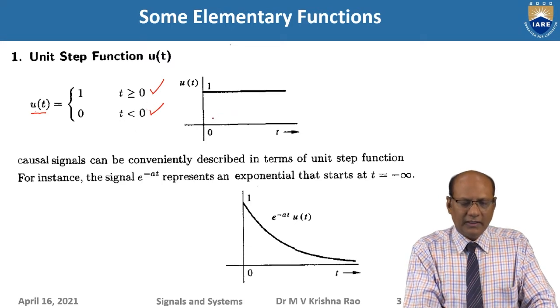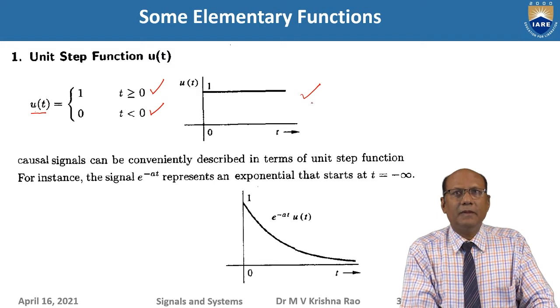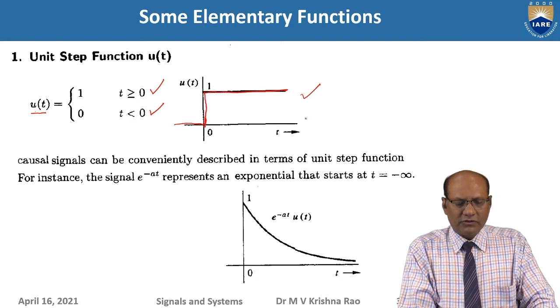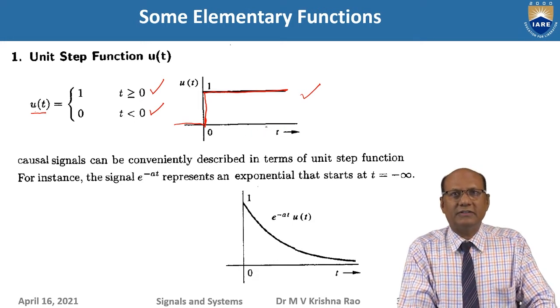Pictorially it is represented in this way as a step function. There is a step at t equal to 0. Okay, this is the function. Now this exists when t is greater than or equal to 0. Before t equal to 0, it doesn't exist.